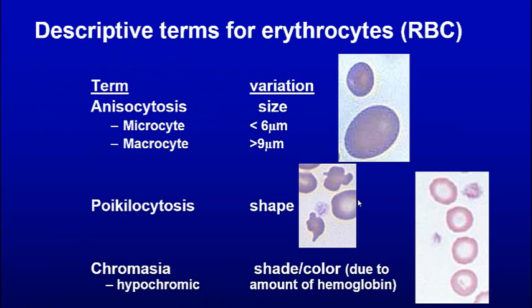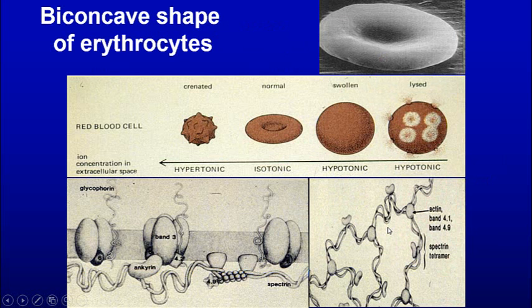Now, there are words associated with variations in size. You can have small ones, large ones, shape, and also the shading, light or dark cells that you can have.